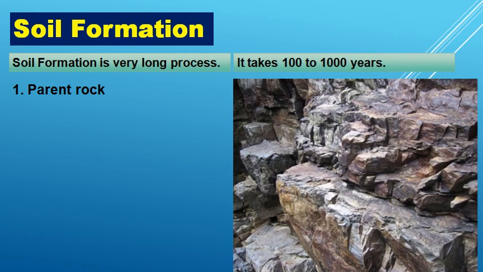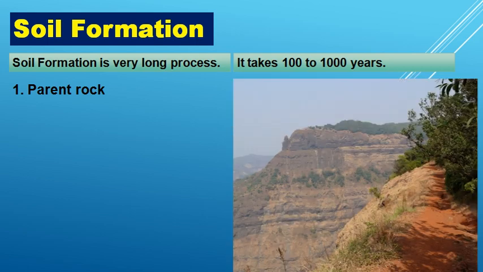Now in whichever part of India, based on whatever the original rock is, different types of soils are formed. If it is Maharashtra, in Maharashtra we mainly see the basalt rocks, and from that we get black soil.